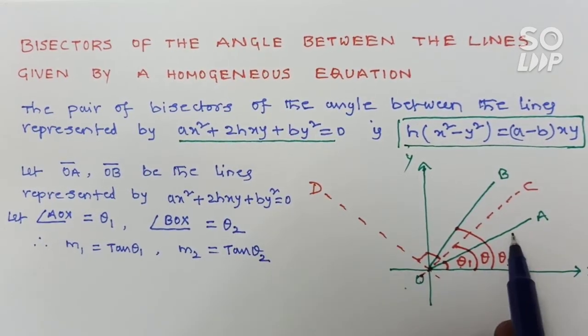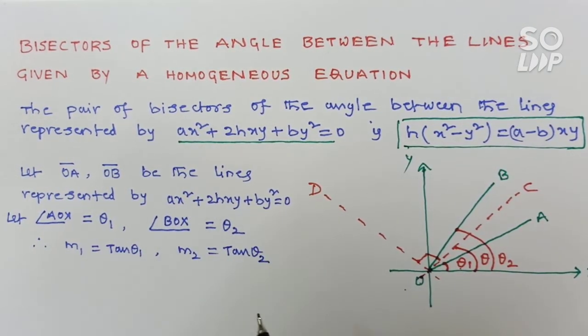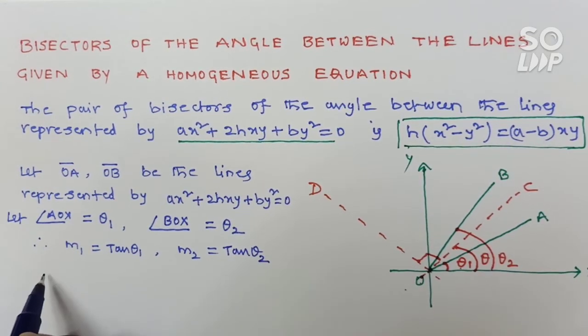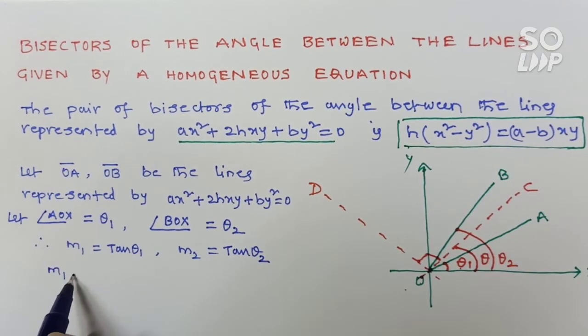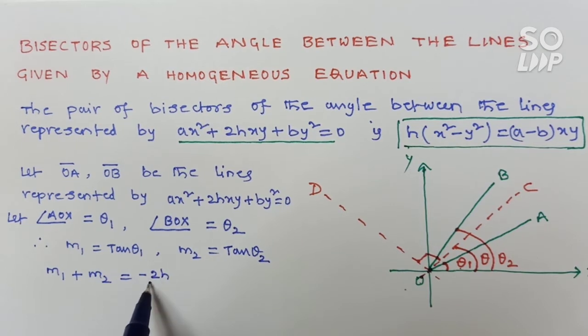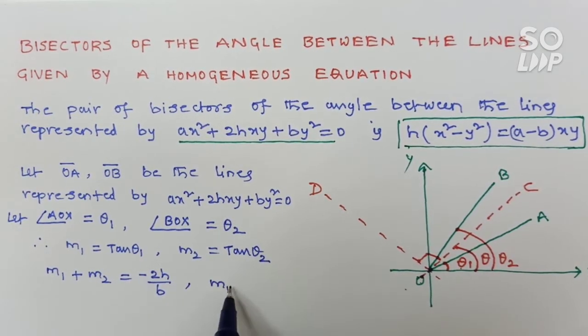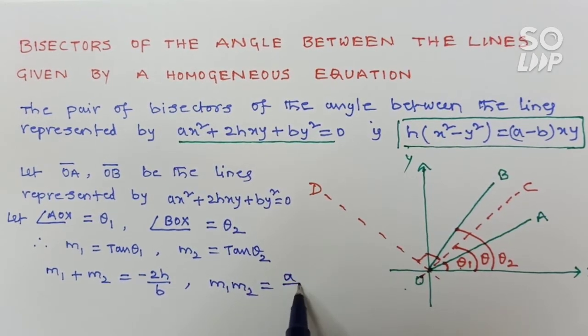We know OA and OB are represented by the homogeneous equation, so the m1, m2 relation is: m1 plus m2, the sum of the slopes, is equal to minus 2h by b, and the product of the slopes, m1 into m2, is equal to a by b.